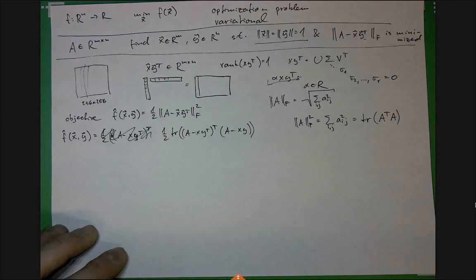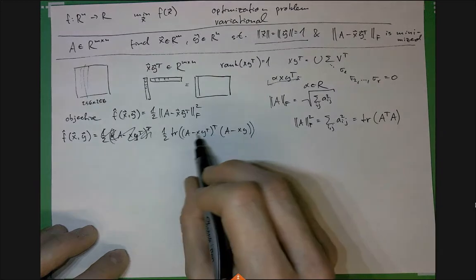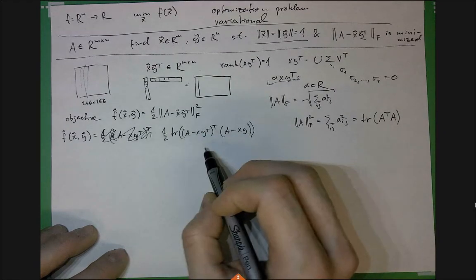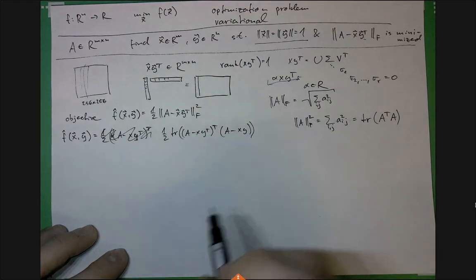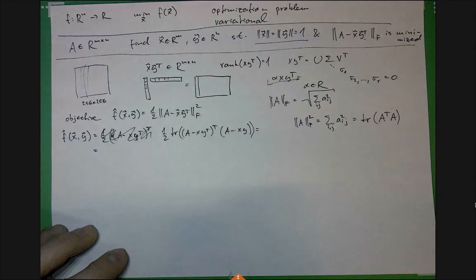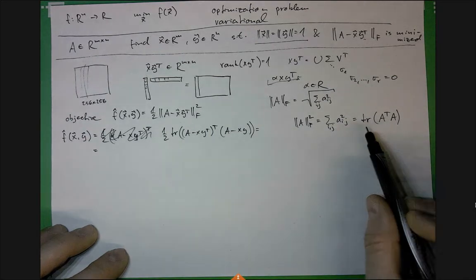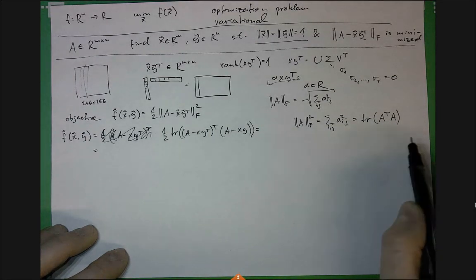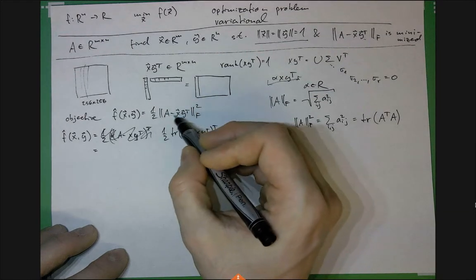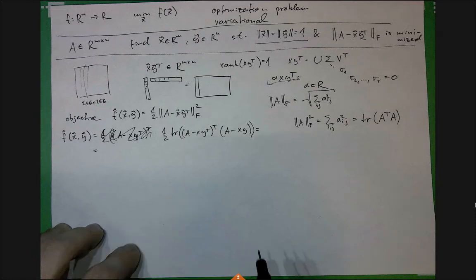That sounds about right. Forgive me the arrows over X and Y, that would be a lot of arrows to write. So here I just applied this rule that the Frobenius norm squared is just the trace of A^T A, where in this case the A is A minus XY^T, right? Nothing special happened here.